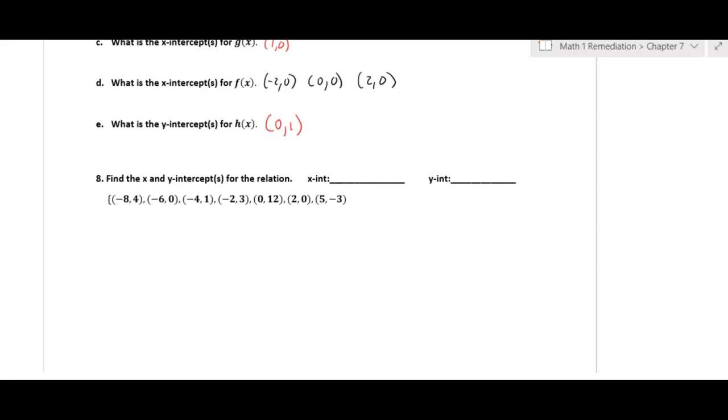So remember, x-intercepts always have a y value of 0. So there's an x-intercept, y value 0. There's another one. So this actually has 2. So -6, 0 and 2, 0. Then the y-intercept has an x value of 0. And that would be at 0, 12.